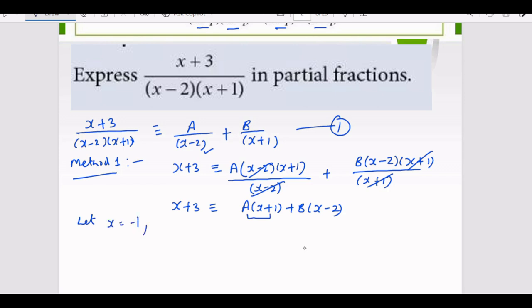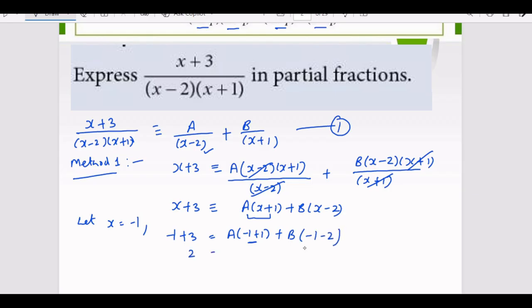If I take x as negative 1, what will happen? The left hand side is going to be negative 1 plus 3 equals a into negative 1 plus 1. You can see this term will vanish because we have 0 here, and for b we have negative 1 minus 2.